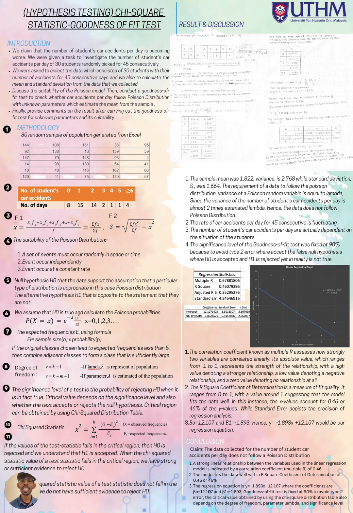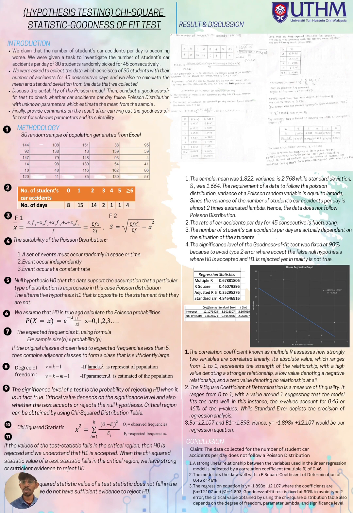Next, I move to the simple linear regression method, which I generated using Excel. Simple linear regression is a statistical technique used to find the relationship between variables and predict future values. As we can see in the regression statistics, the correlation coefficient, known as multiple R, shows how strongly two variables are correlated linearly.